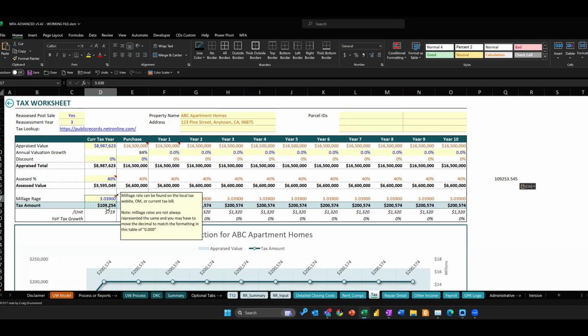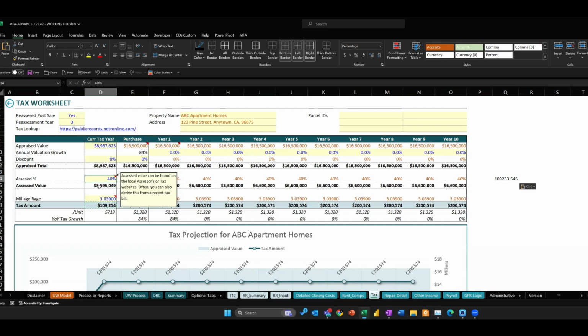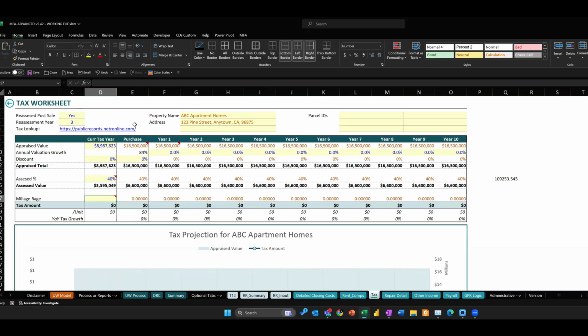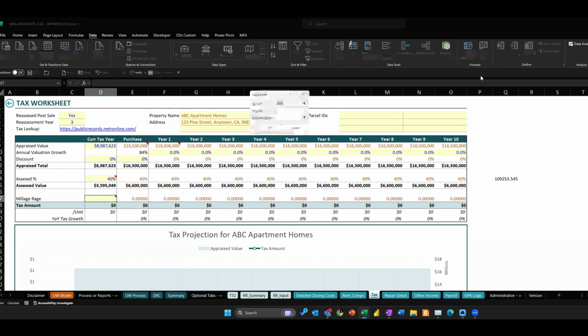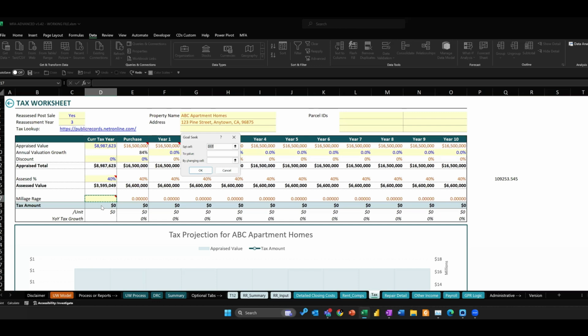So once I have the appraised value in here and the assessed value, which will be very clear on the tax bill, I will back into the millage rate. I use my trusty goal seek. I've shown this one many times, but in the what-if analysis, in the goal seek, I can back into it. I want to set this cell, the tax amount.